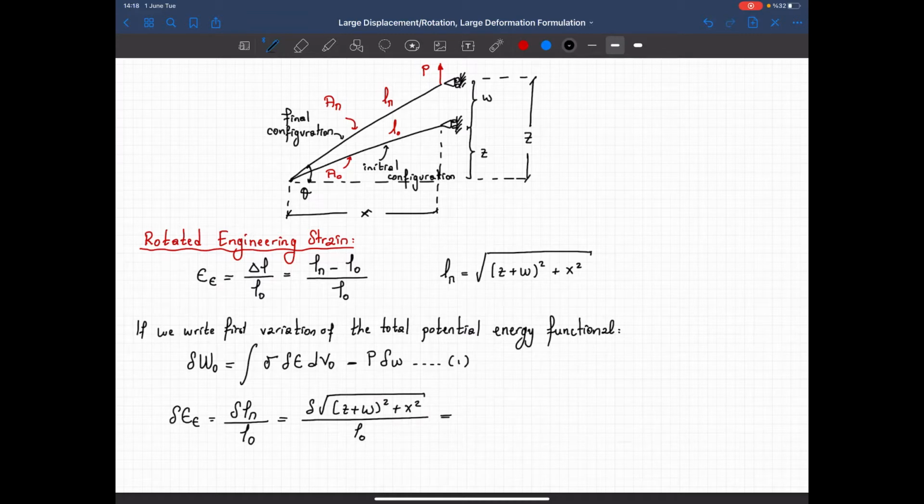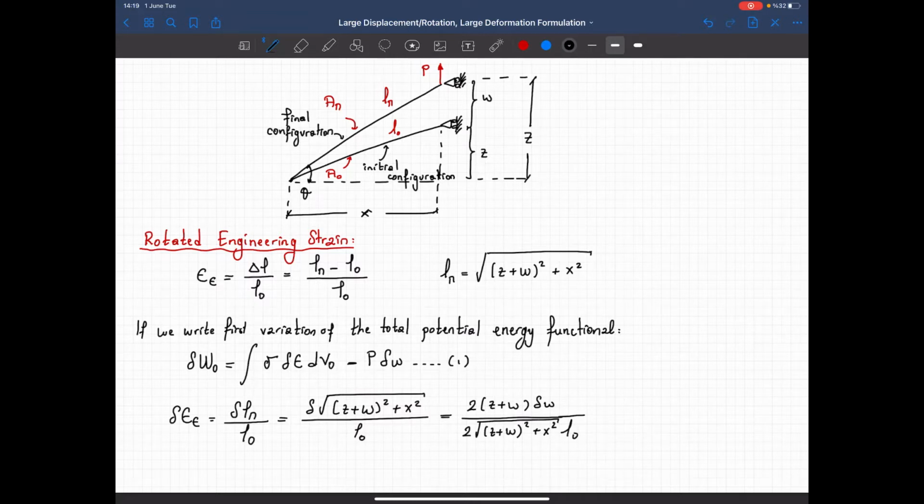And if you take the first variation of the square root with respect to W, we will get 2 times (Z plus W) times variation in W, divided by 2 times the square root of (Z plus W) squared plus X squared, times L0.